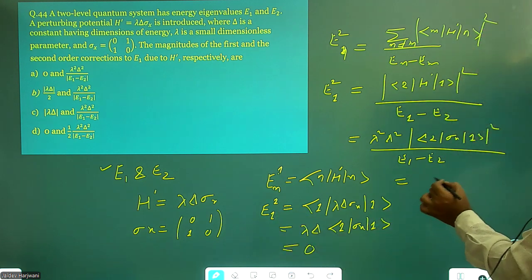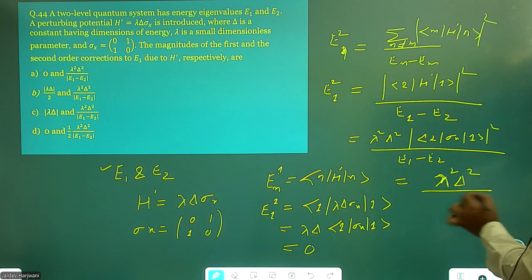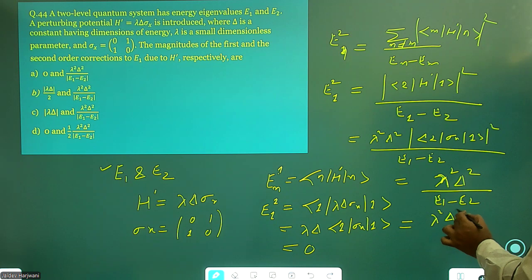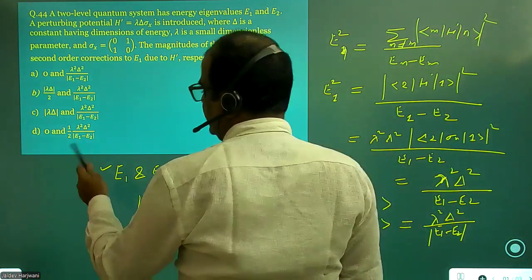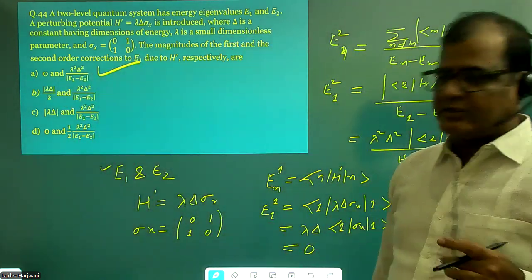So this gives me the correction λ²δ² over E1 minus E2. Now if you want the magnitude, you can write λ²δ² over the magnitude of E1 minus E2. That's the question's magnitude. So option A is the correct answer for this question.